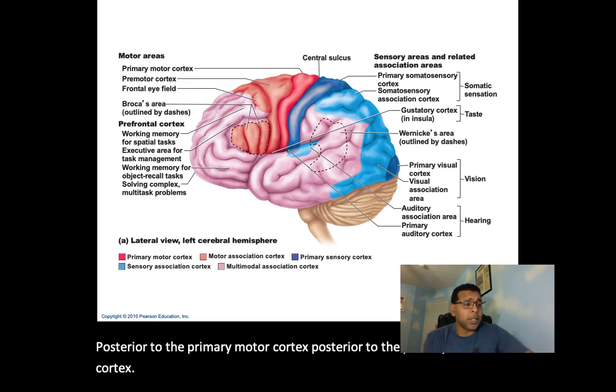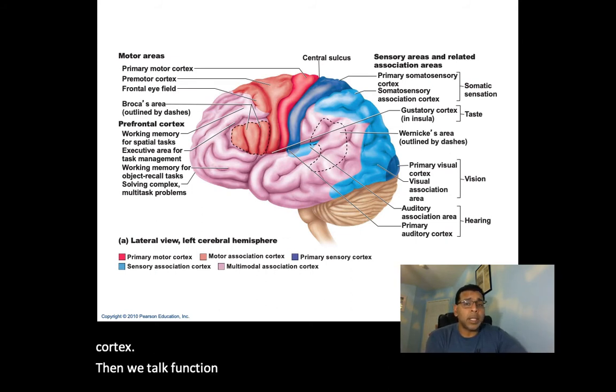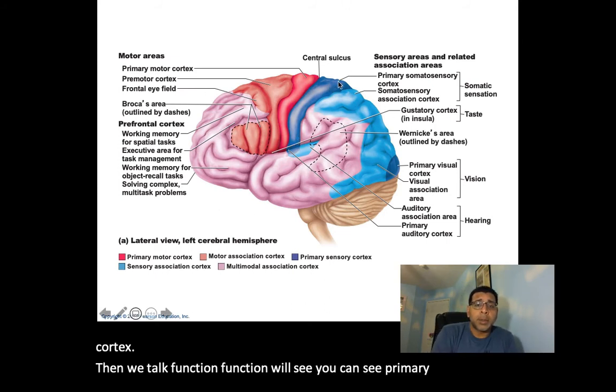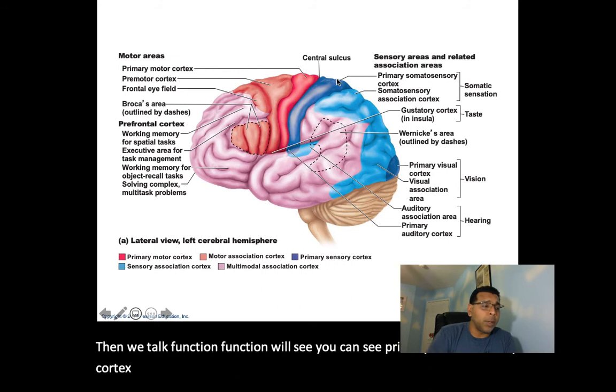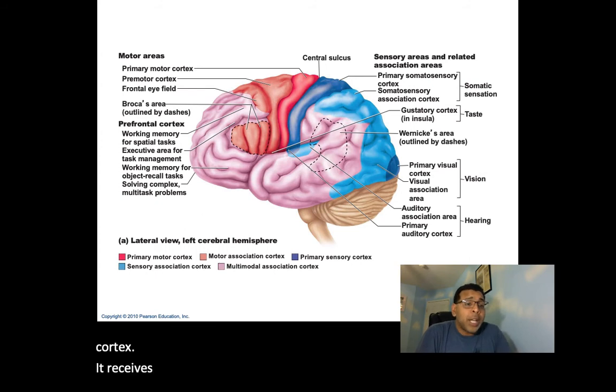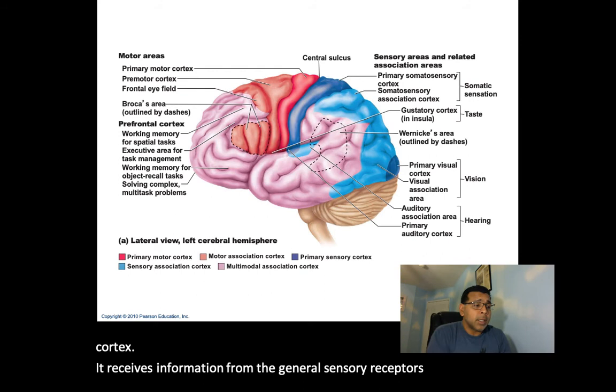Now when we talk function of the primary somatosensory cortex, its function is that it receives sensory information.